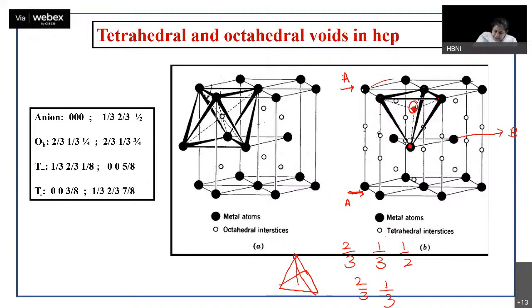Then the center of the gravity is on this vertical line. This particular portion is 1/4 of this length.